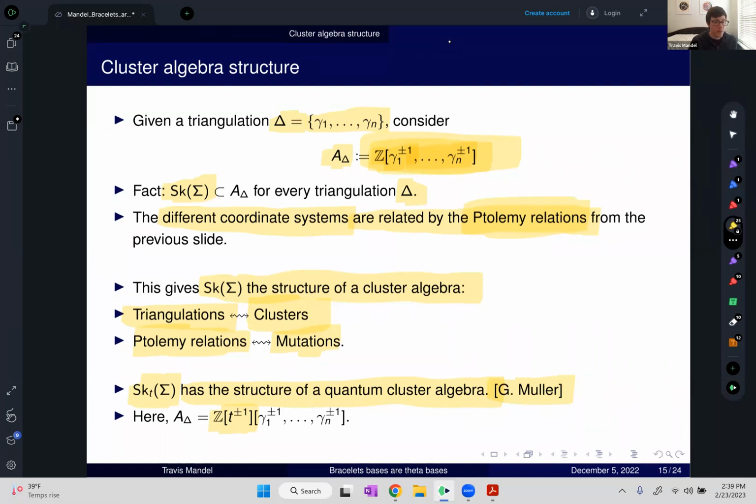That corresponds to our superposition product earlier, where x times y is t to the k of x disjoint union y with x on top. So basically the order matters. You have some extra powers of t that show up when you do products here. So that's called the quantum torus algebra.